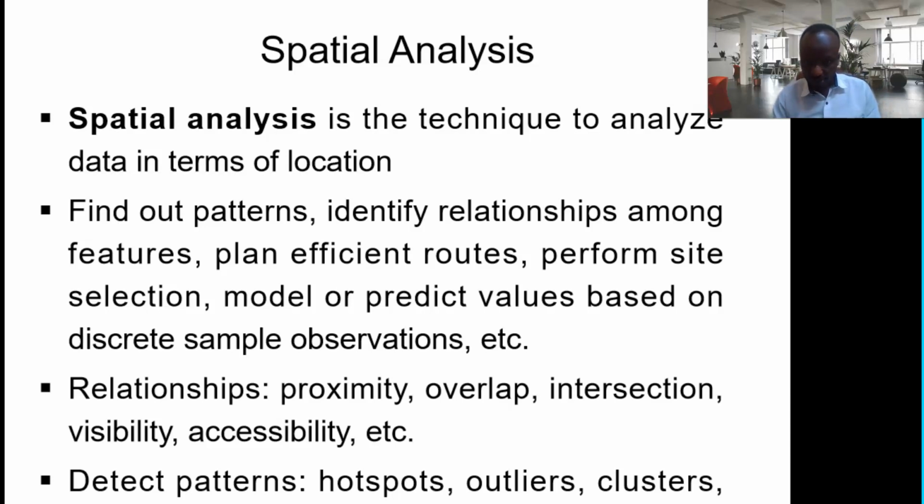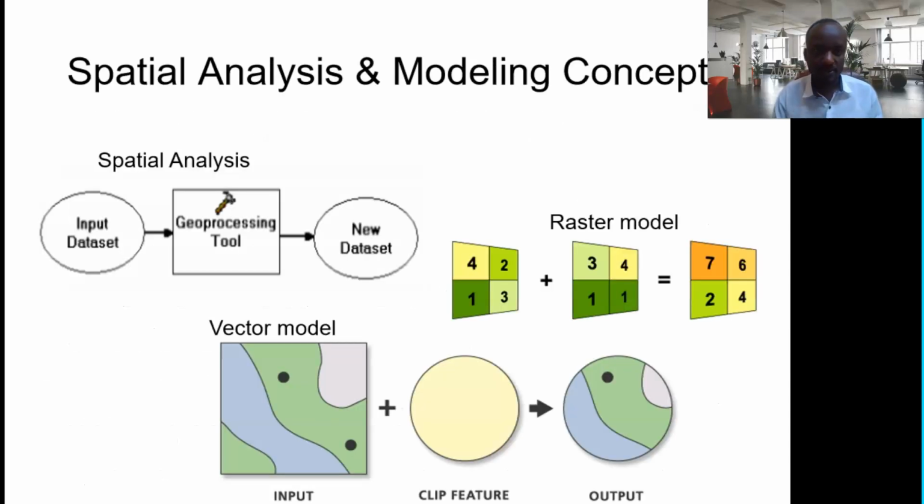Relationships like proximity, overlap, intersection, visibility, and accessibility can entail different kinds of information, and they can give us different kinds of hints when we observe different layers with one another. We can detect patterns like hotspots, outliers, clusters, and change over time. This functionality is what makes GIS very interesting, especially in healthcare analysis.